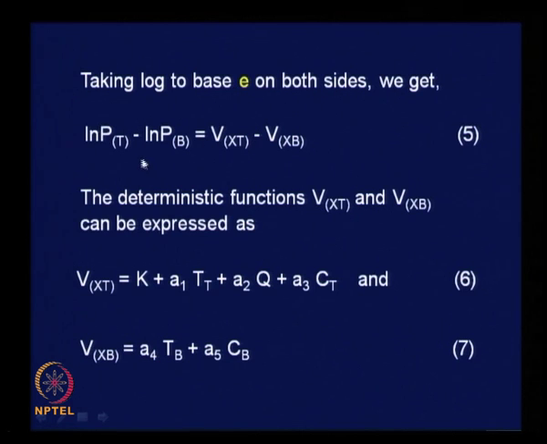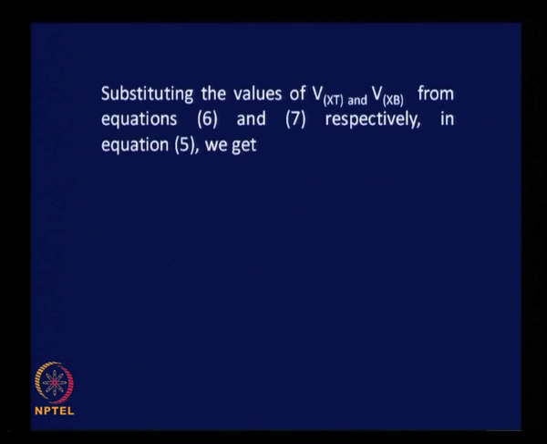This is equation 5, equation 6, equation 7. So, we substitute the values of Vxt and Vxb in equation 5. Instead of Vxt, we are going to write the quantity on the right hand side of Vxt, and instead of Vxb we will write these two terms here. That is what we are going to do by this substitution process.